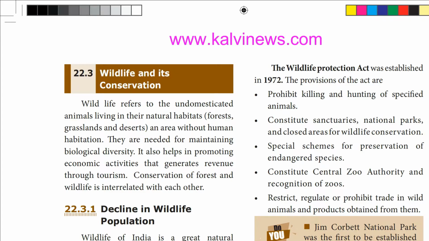Due to the increased activities of urbanization, many forest area cover has been removed from the earth's surface. And wildlife are needed for maintaining the biological diversity, and they promote the economic activities also through tourism. So conservation of forest and wildlife, they are interrelated. When there is forest, there will be wildlife.